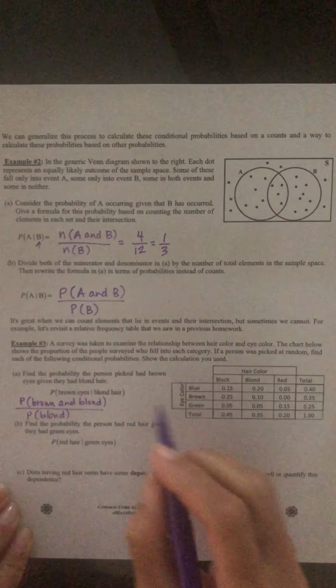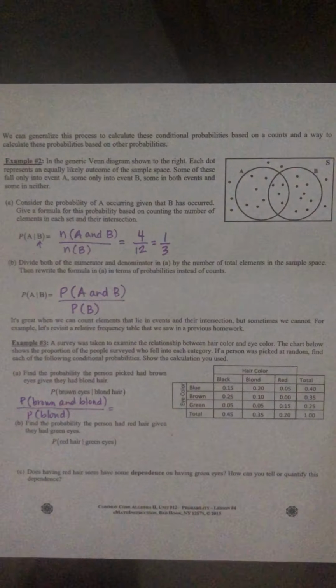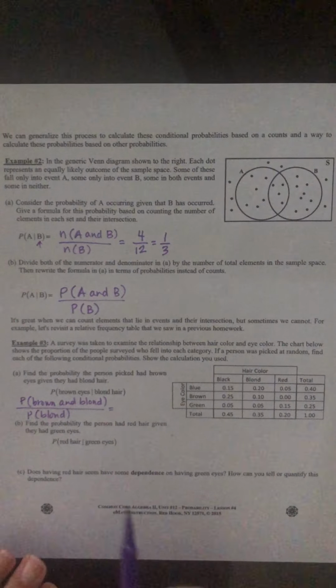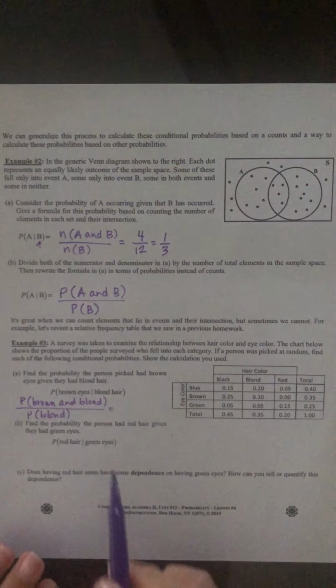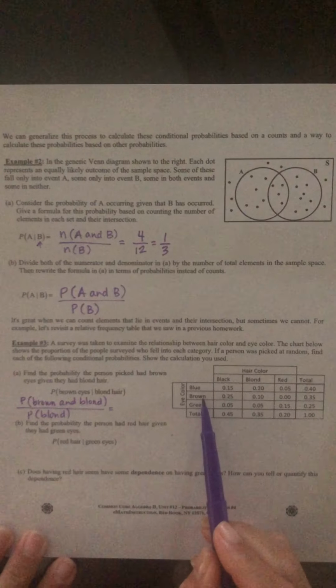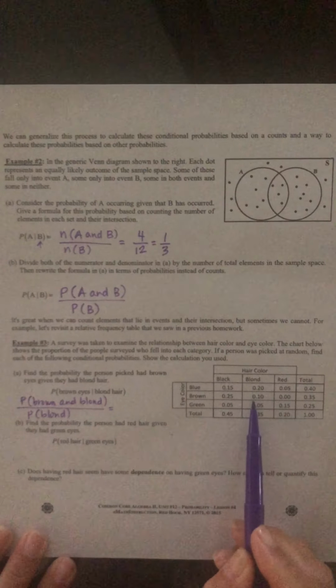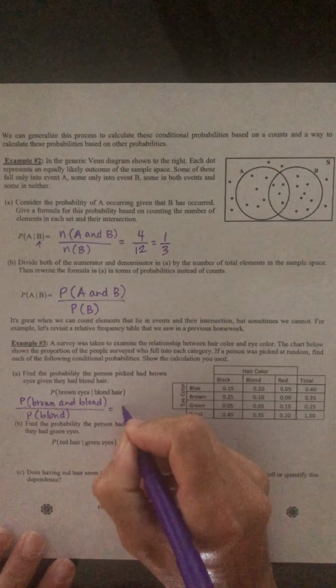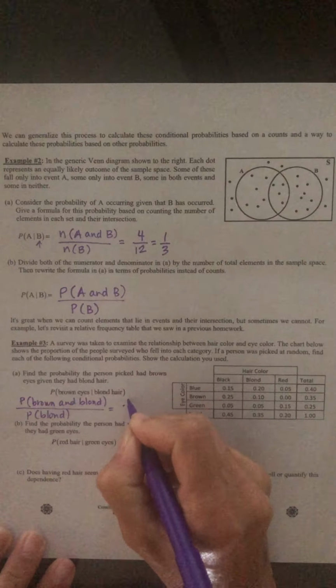Okay, so we have the probabilities in here. We don't have actual numbers of people that fell in there. So the probability that you are brown eyes, blonde hair looks like 0.10. That's going to be your top number. On the bottom, probability that you're a blonde. Blondes are here. Total number of blondes, 0.35.